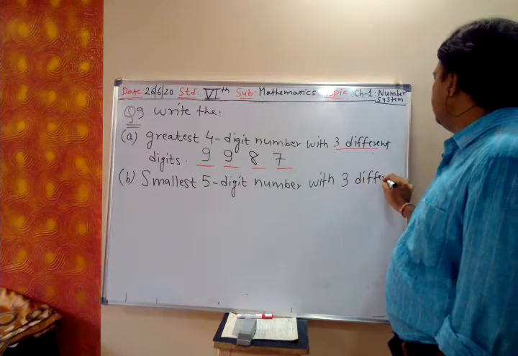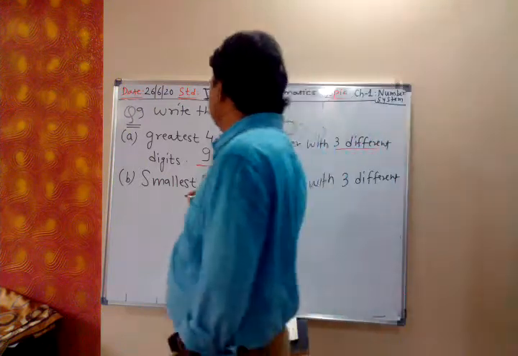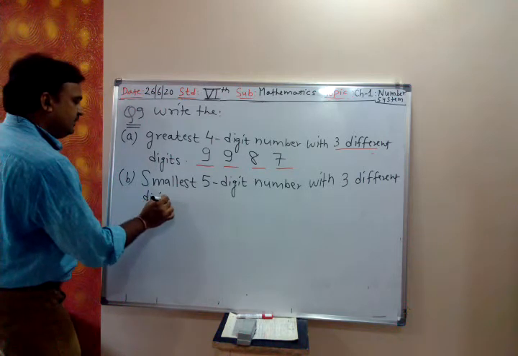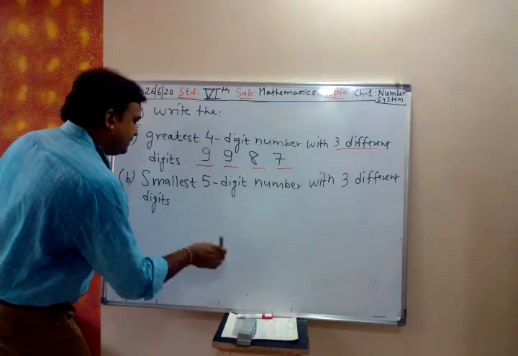Smallest 5-digit number with 3 different digits. Now we want a 5-digit number.